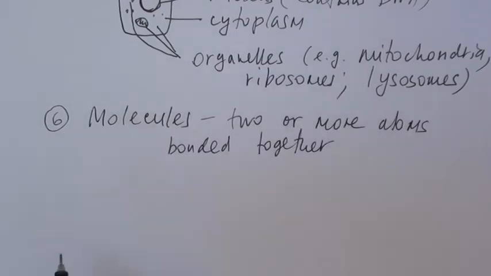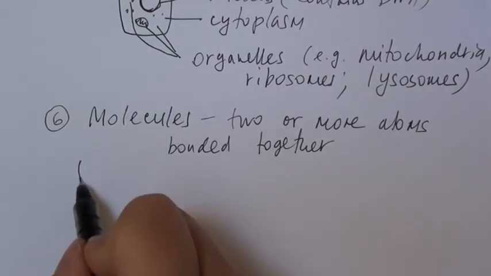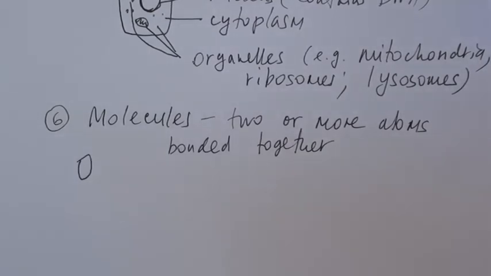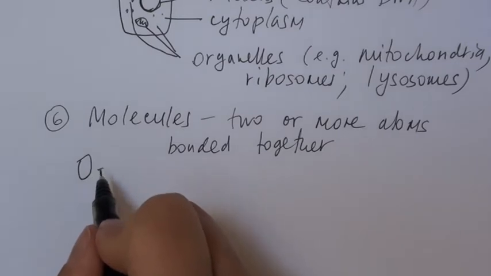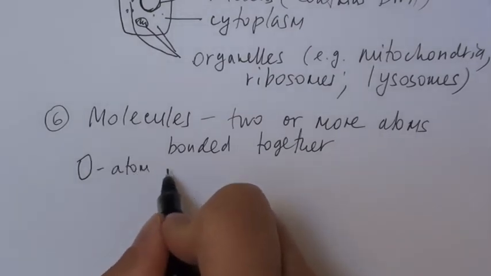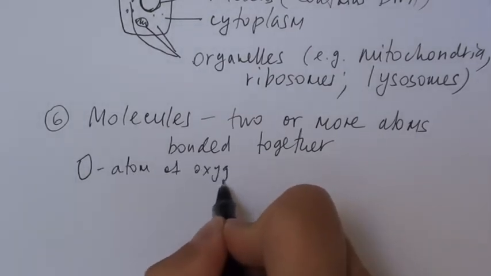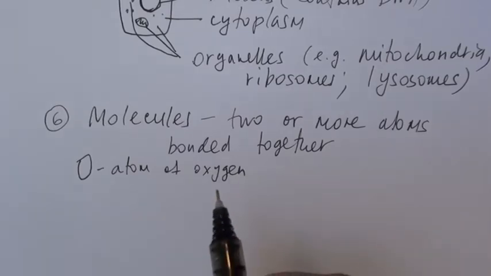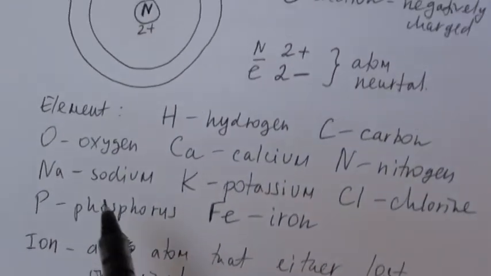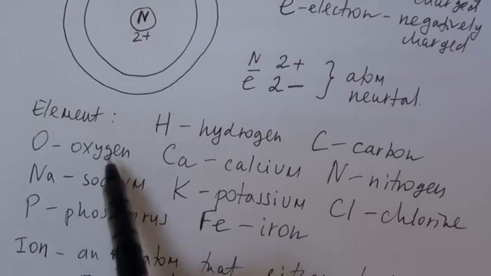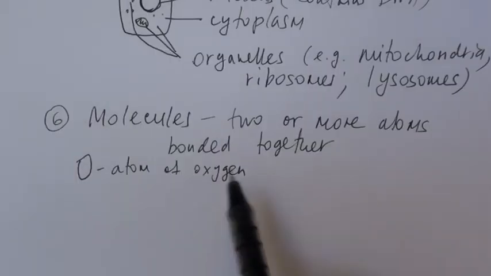Okay, so let's give you an example. For example, if I write letter O, capital O, that means it's an atom of oxygen, right? You remember we named it earlier, right? And that's level 7, there it is, right? So that's an atom of oxygen.